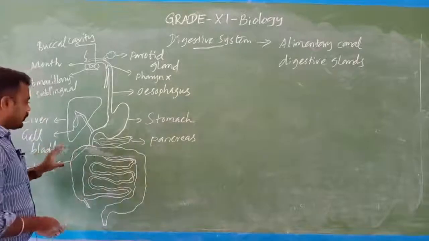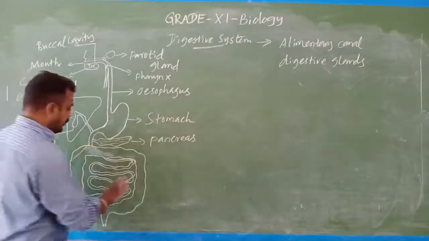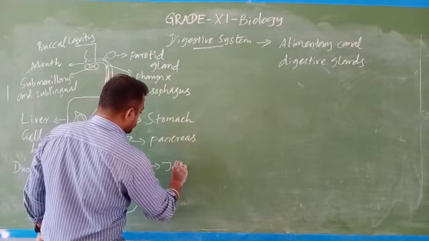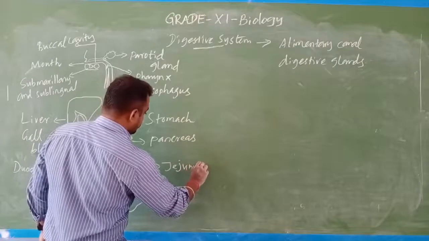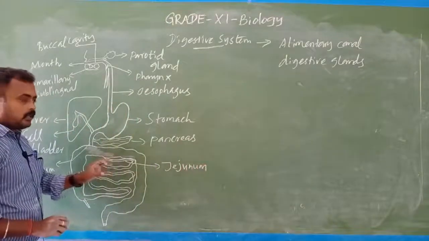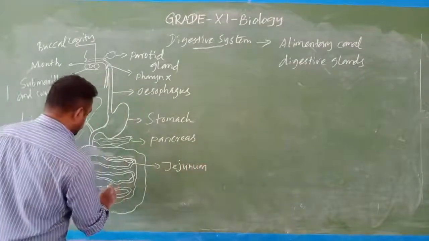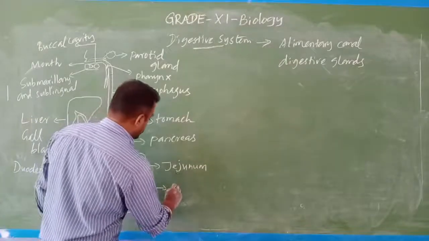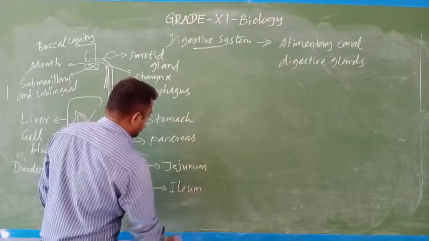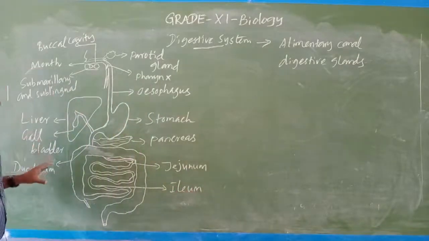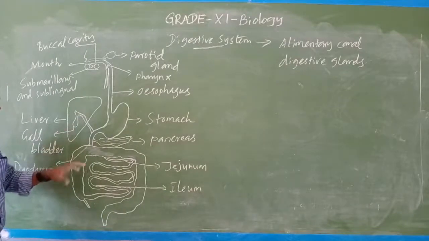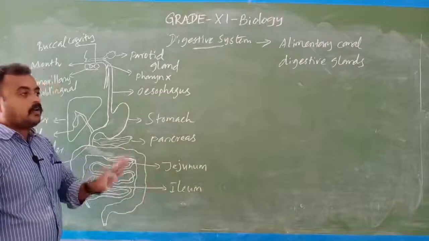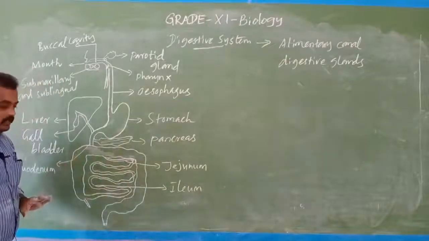First one, the duodenum, a C-shaped organ. Then we have the jejunum, a long coiled structure. The final one is highly coiled and is called the ileum. So the small intestine has three parts: duodenum, jejunum, ileum. The ileum is the highly coiled part of the small intestine.